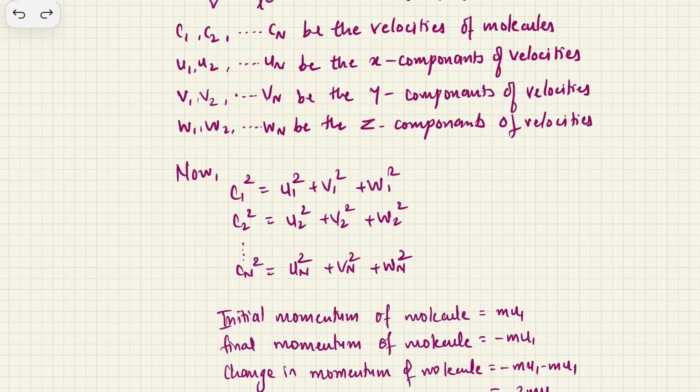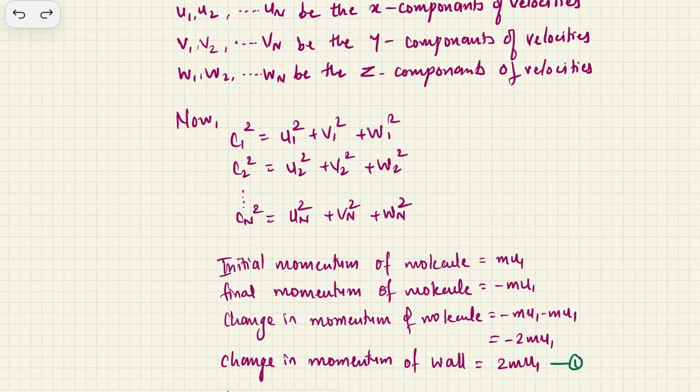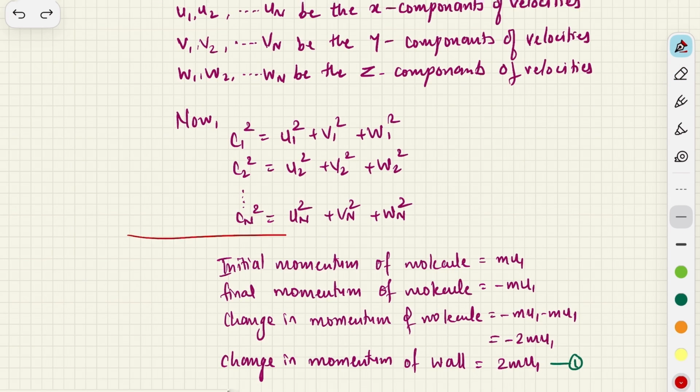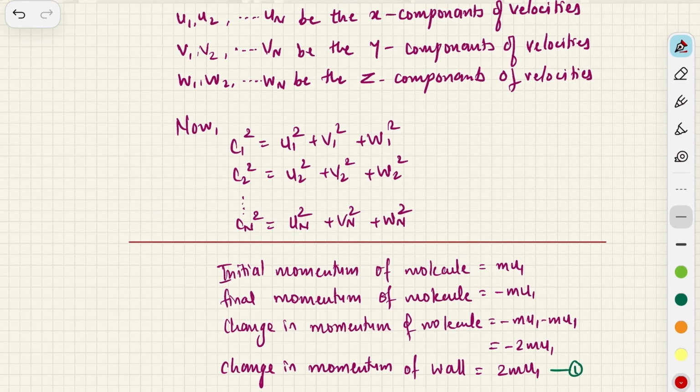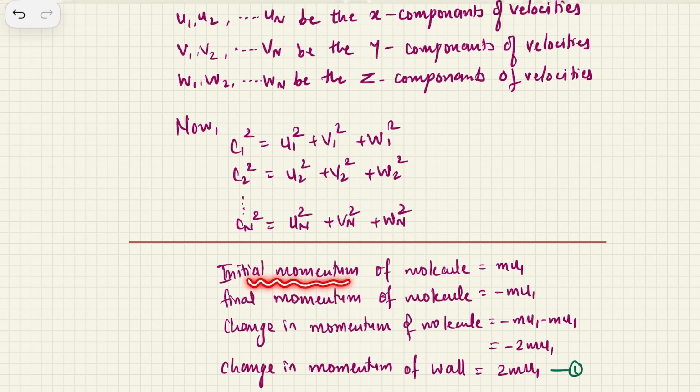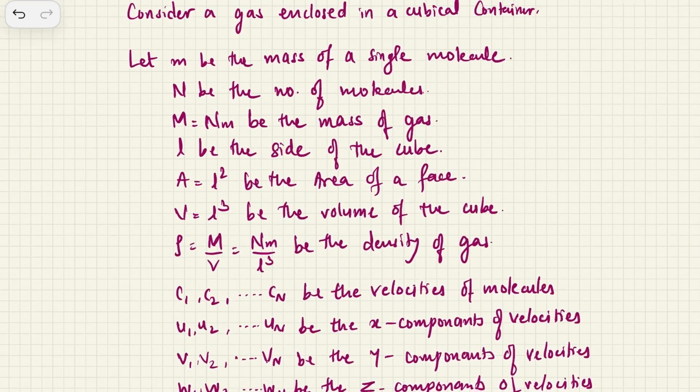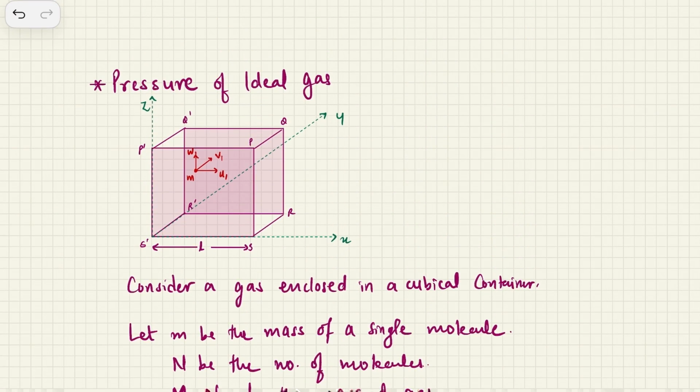Let's go ahead. Now this is a procedural derivation. We have already found the velocities. Now we are going for the momentum. I am assuming that the molecule is just moving in the x direction.